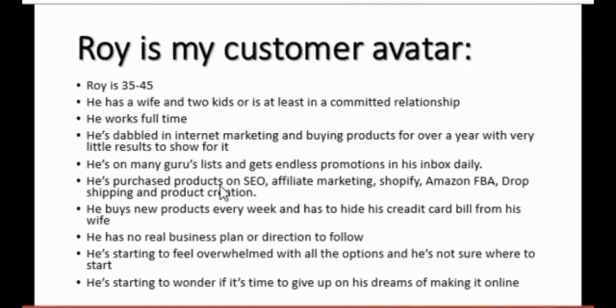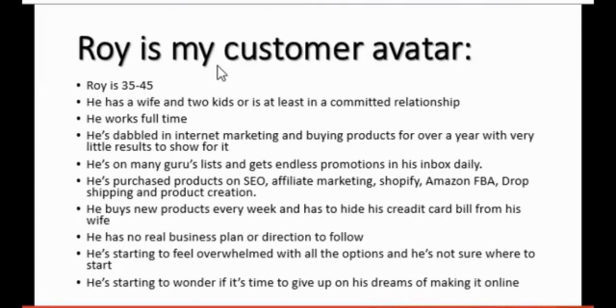So just to give you an example, this is basically my avatar. I've called him Roy because it's basically kind of who I was when I first started getting into making money online. This isn't exact, by the way. Different people will connect to different parts of this avatar and be drawn in by that.